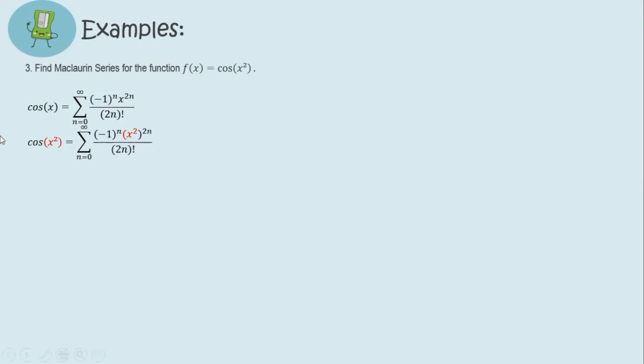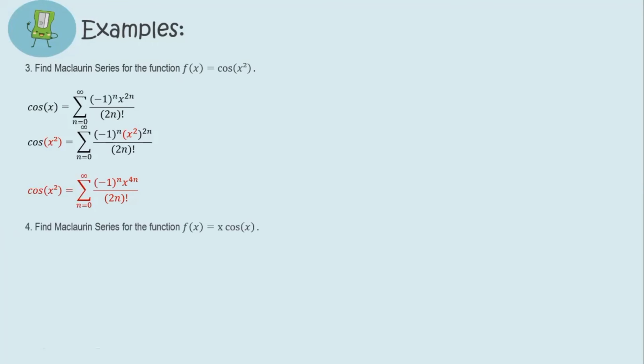Since it is cosine x squared, we change the x value here to x squared too. So the answer is cosine x squared is equal to the summation from n = 0 to infinity of the quantity negative 1 to the power of n, x to the power of 4n over the quantity 2n factorial.